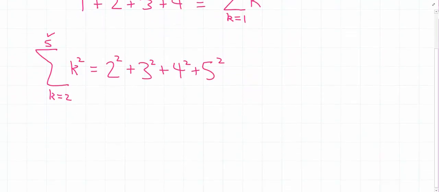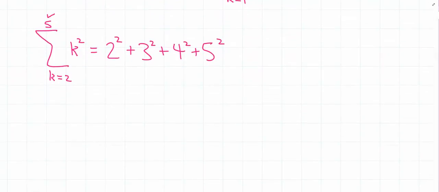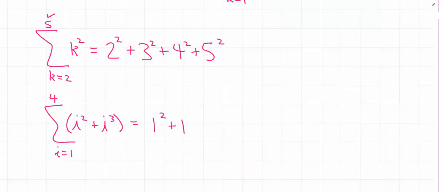Now, let's look at a couple of things here. Let's suppose we've got something like this, and I'll change my notation to I. I want to start I at 1 and go up to 4, and I'll say I squared plus I cubed, all in parentheses. Just like what we did up here, we start off with 1 squared plus 1 cubed.